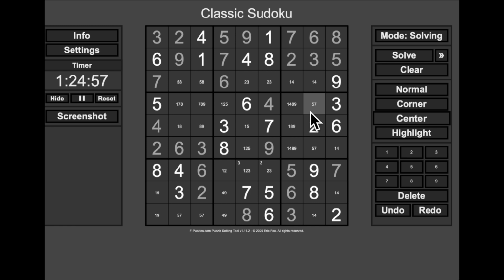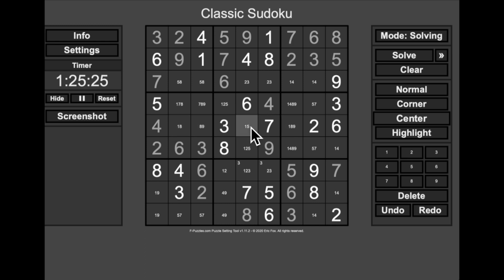And 5, 7 goes there. Still ends up being a 5. So these are 1, 8, 9 in some order. That one definitely can't be a 5.